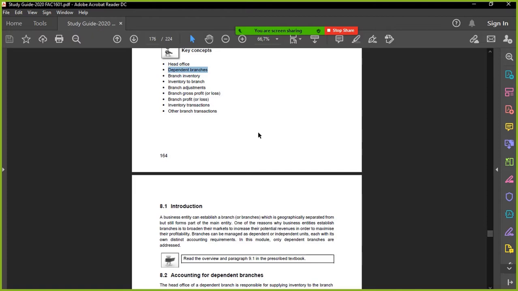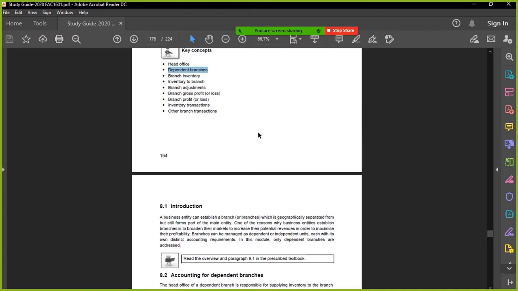Basically it's a business that depends on head office. Correct, it's a separate business unit, yes. Perfect, that's a good way of describing it. So part of the business, but not the business. A branch is just a location where you're buying and selling goods generally.